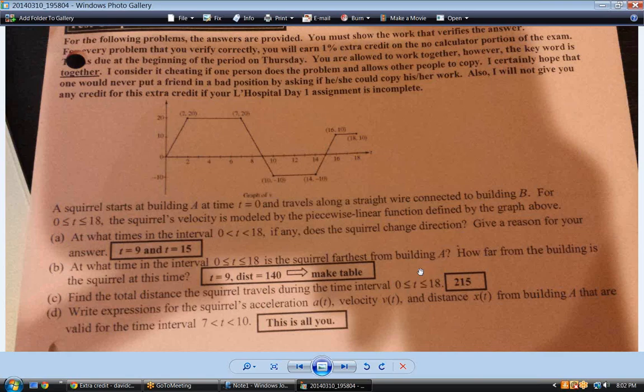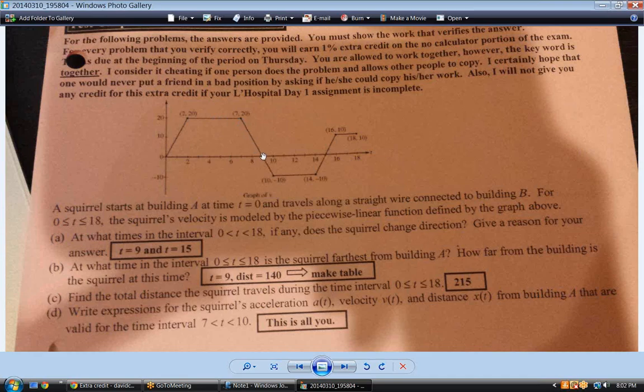Maximum displacement is the area under the curve. In other words, he's going to the right, increasing velocity, still going to the right at a constant velocity, still going to the right at a decreasing velocity.